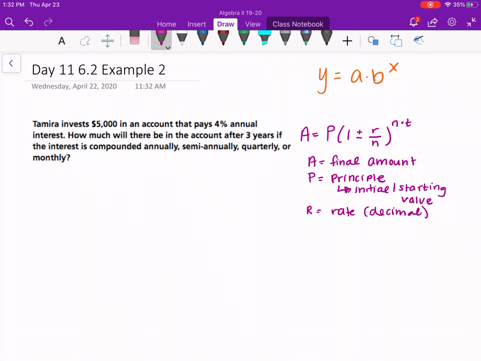T is time. And then lastly, N stands for number of times interest is compounded. Okay, so this is our equation for compound interest.